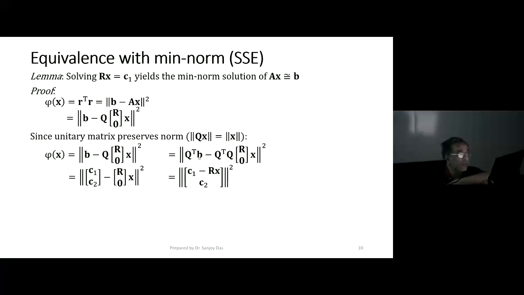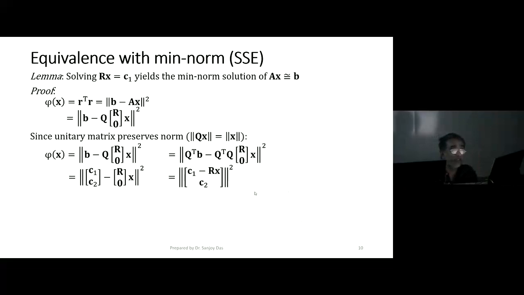Now this then simplifies to, this is my C1, C2 of the full QR decomposition, and this Q transpose Q is the identity matrix, so I'll just ignore it, R0X, which is equal to this. The first row yields C1 minus Rx, and the second row yields C2, and the norm of this squared.